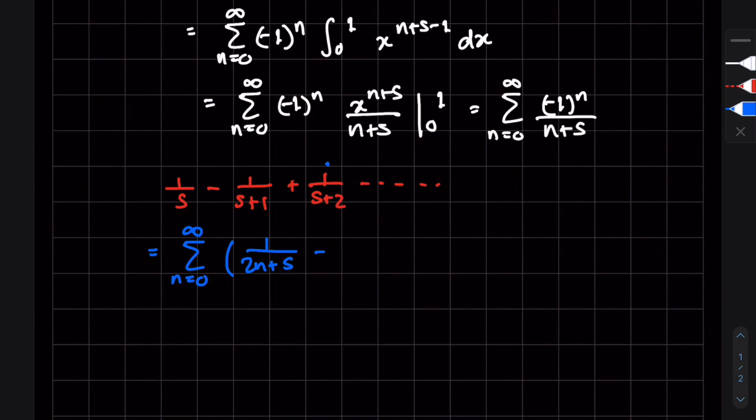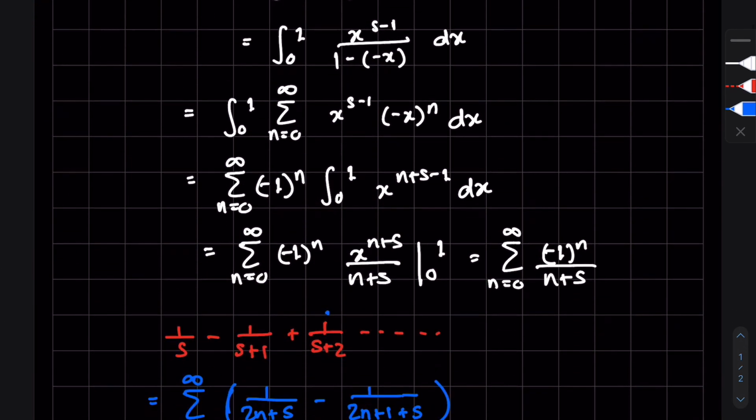Now for the odd terms, I'm going to write them with a minus, because they're always preceded by a minus sign. And the odd terms are going to happen for, say, n equals 0, well, we want whatever's added with s to be 1 when n equals 0, so that we get s plus 1. One way of doing that is 2n plus 1 plus s. So if you plug in n equals 0, we have s plus 1. N equals 1 gives s plus 3, so we're going to get the next negative term, and then the pattern follows. So this is really what our integral has come down to.